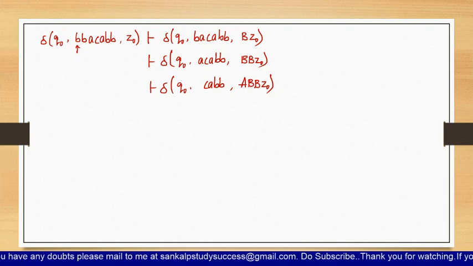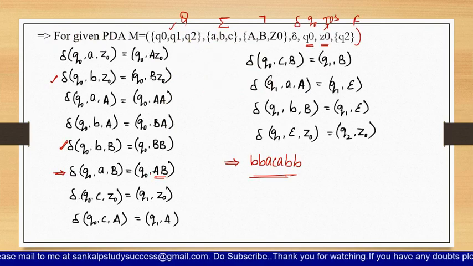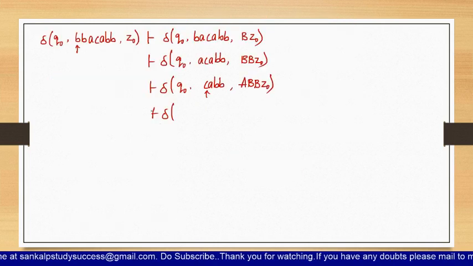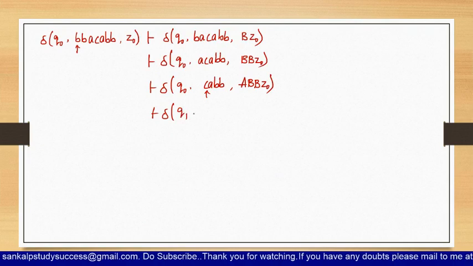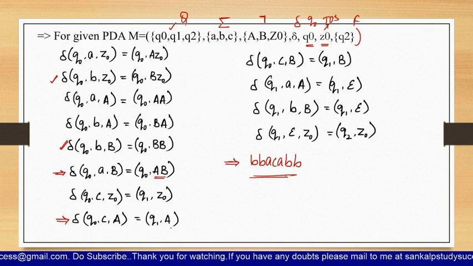Now we are going to check whether there is a move for Q0, C and A. Because C is the current input symbol, transition of Q0, C and A will give Q1 comma A. So we change the state from Q0 to Q1, and the remaining string is ABB, and we have A as the top of the stack.